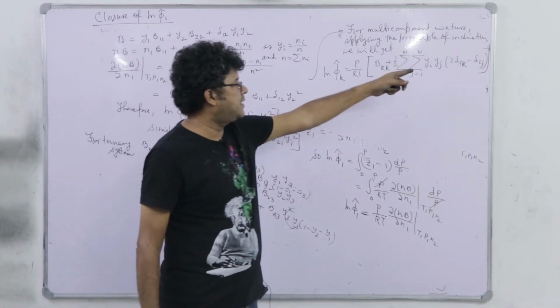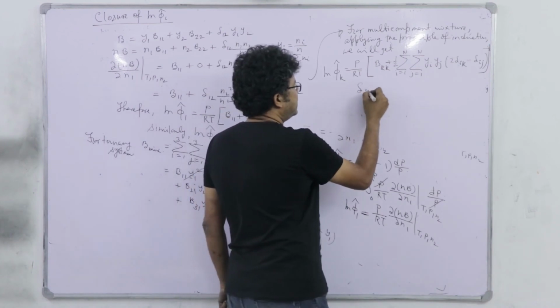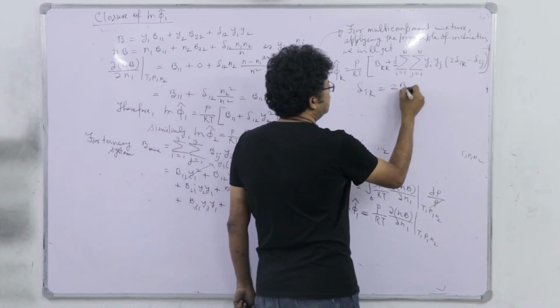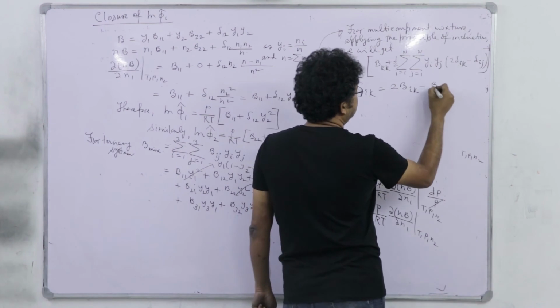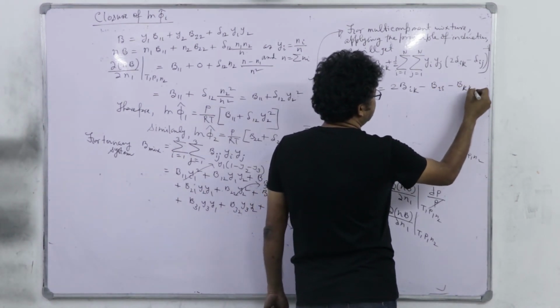So, you see this delta ik and delta ij, we can get as delta ik equal to 2 Bik minus Bii minus Bkk.